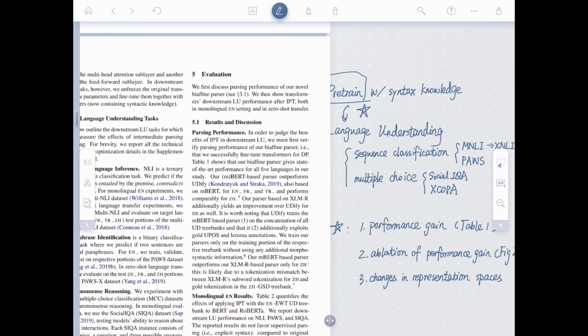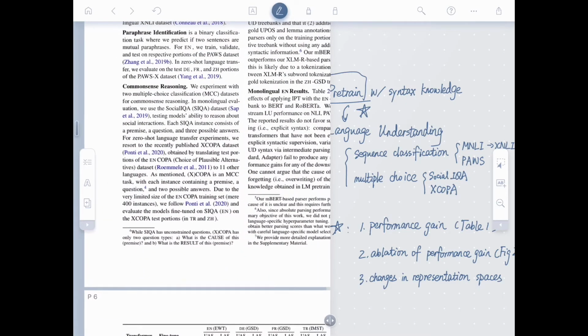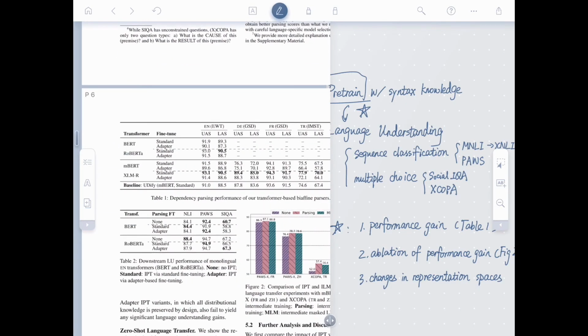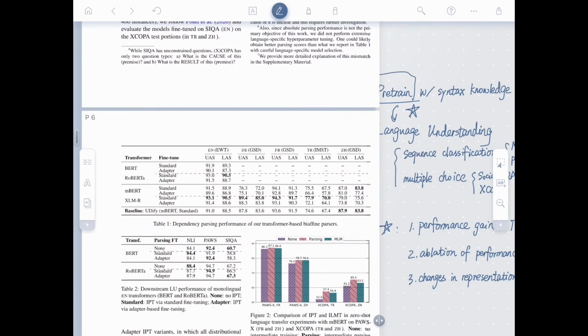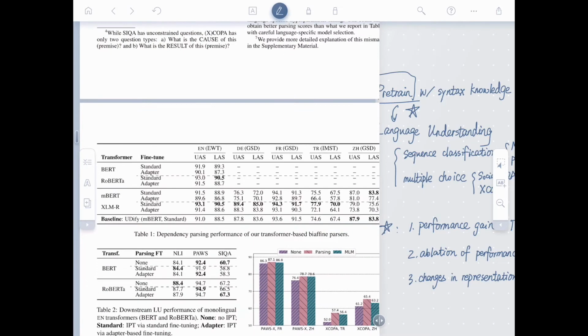Okay, now let's look at their results. In the biaffine parsing experiment, the standard parser of RoBERTa got the highest score, together with the cross-lingual model XLM-R.